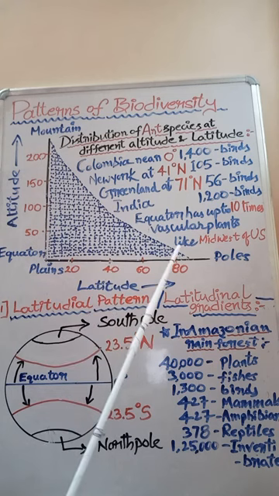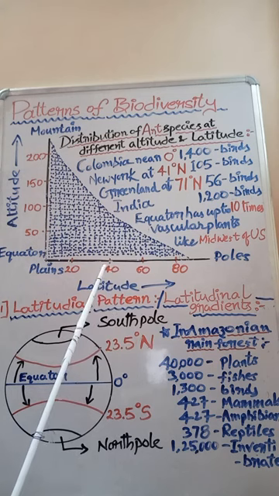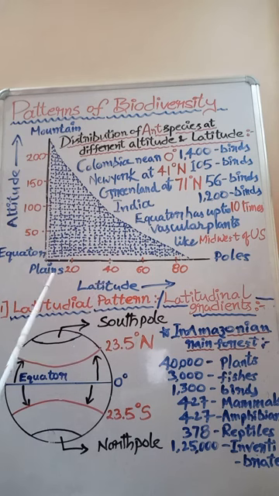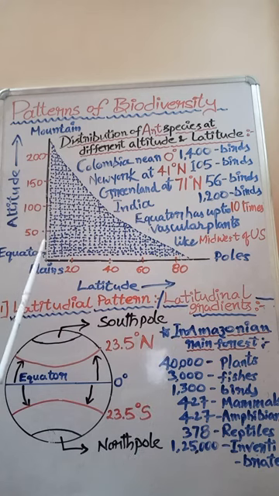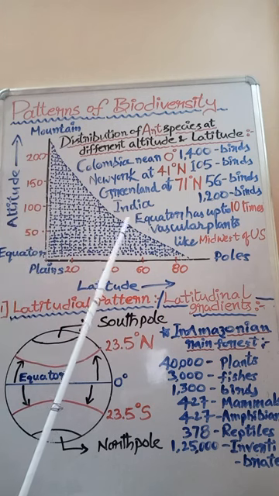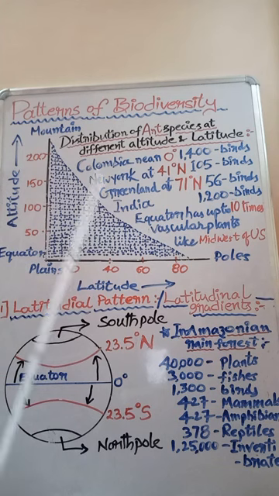In general, species diversity decreases as we move away from the equator towards the poles or towards the mountains, with very few exceptions.